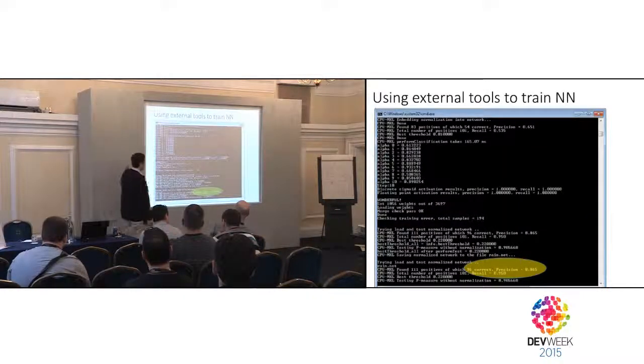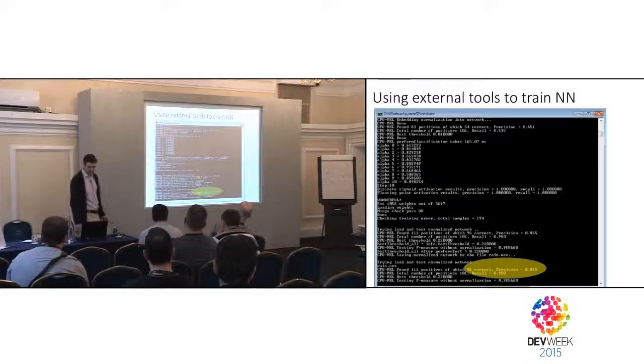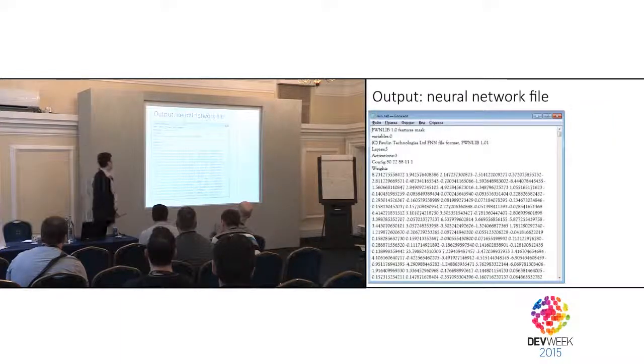Then usually there is some kind of console or graphical user interface application that allows you to take in this training sequence that you have composed, run the computations, and they usually compute in the end statistics, what percentage of the examples in a validation set was correctly classified. After that, there is usually some kind of text file that represents the classifier state.